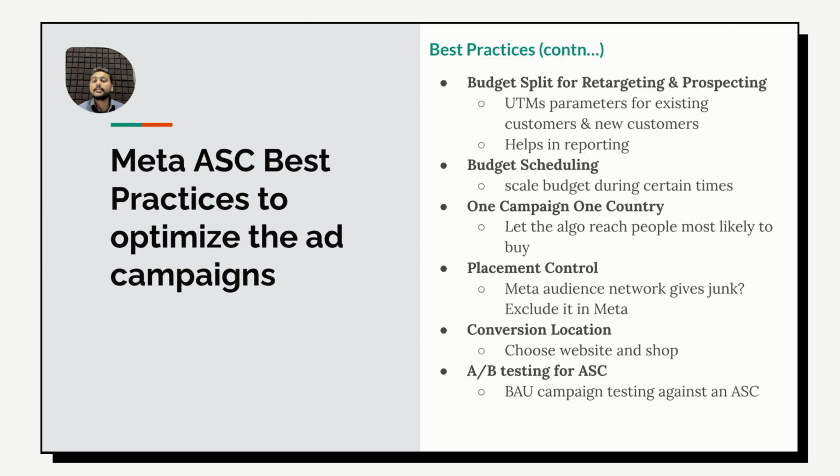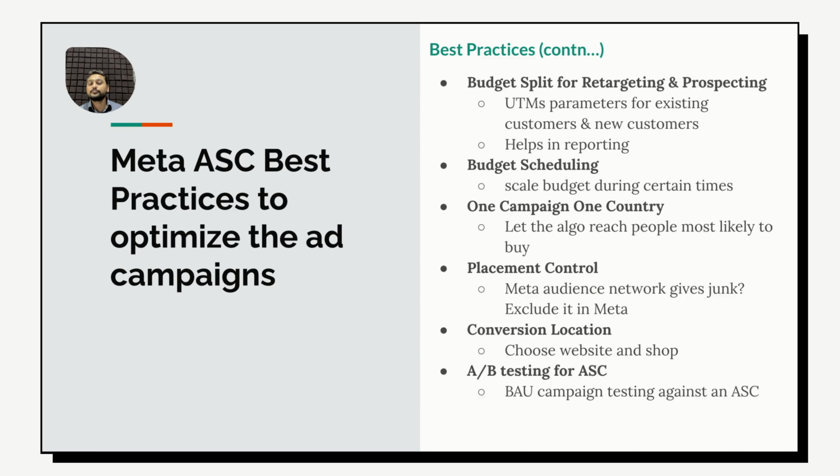For example, let's say you give 30% as the existing customer budget cap. So of the campaign's budget, not more than 30% will go to the retargeting. The rest 70% is used for prospecting. So that is the best practice for you to split the budget for both retargeting and prospecting. However, based on your business goals, if you want to go completely prospecting, give the existing budget cap as zero.